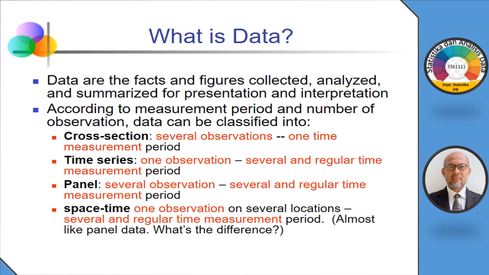So, understanding the kind of data is very important for application of statistical method, because some methods will be implemented just for cross-section, another method will be used to analyze time series data, another with panel data, and so on.